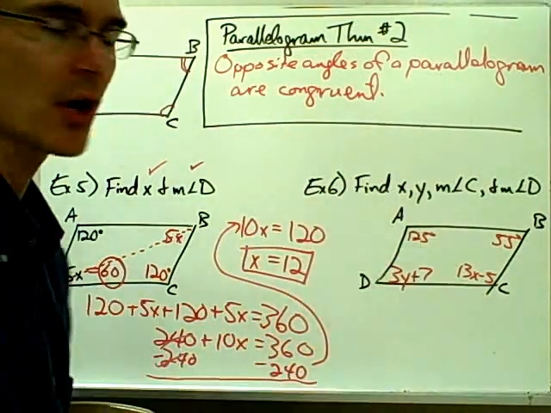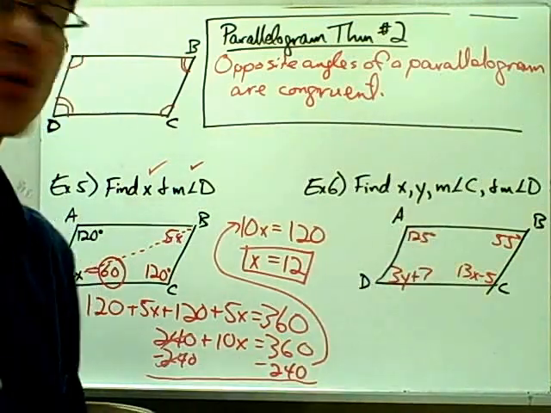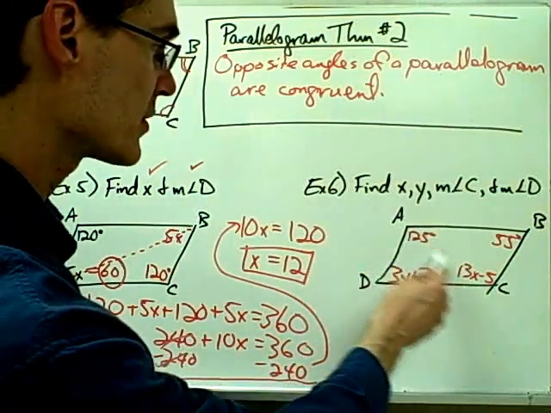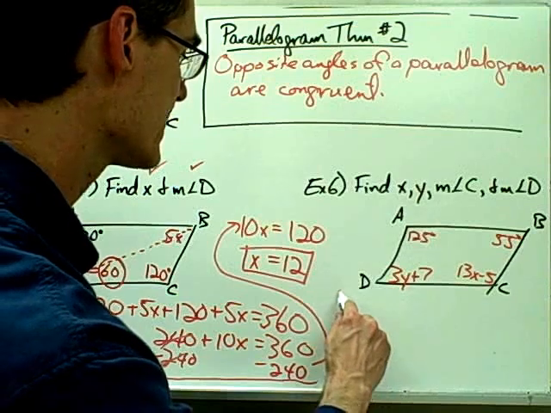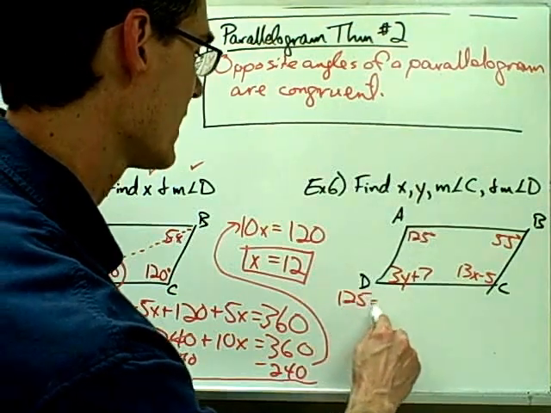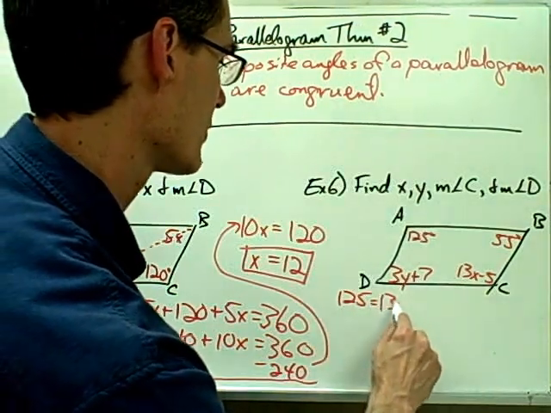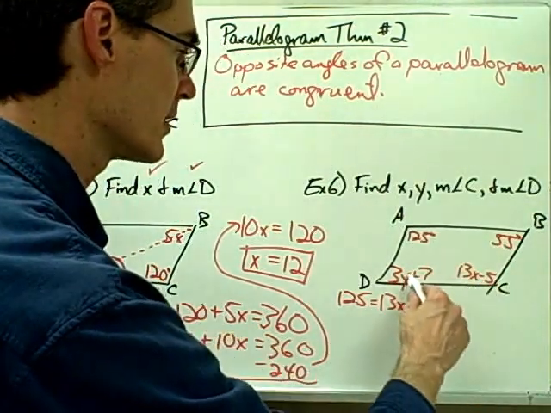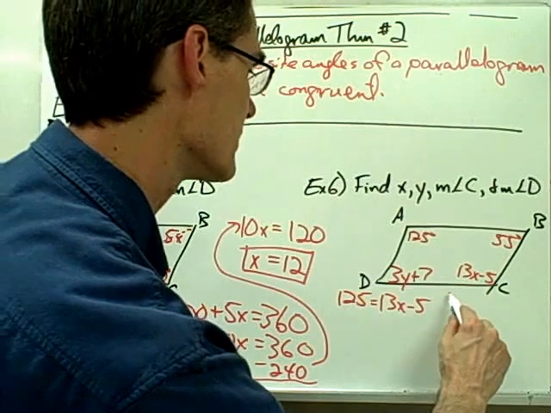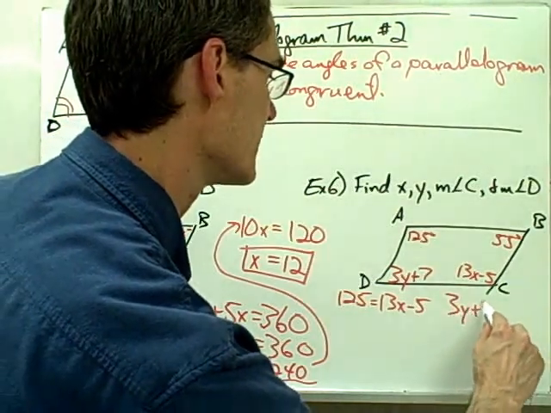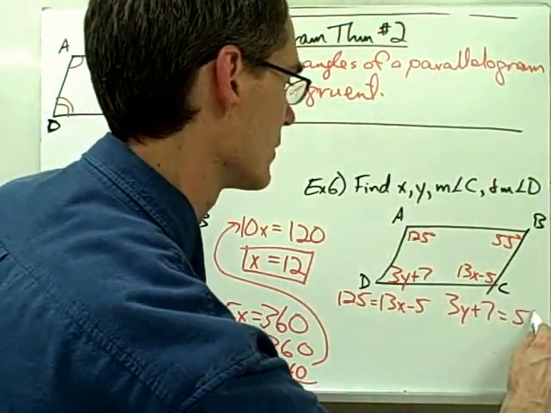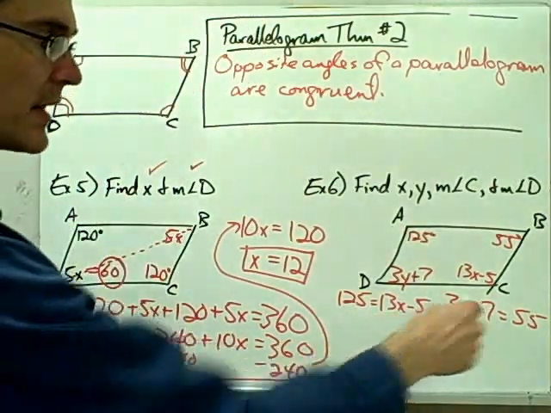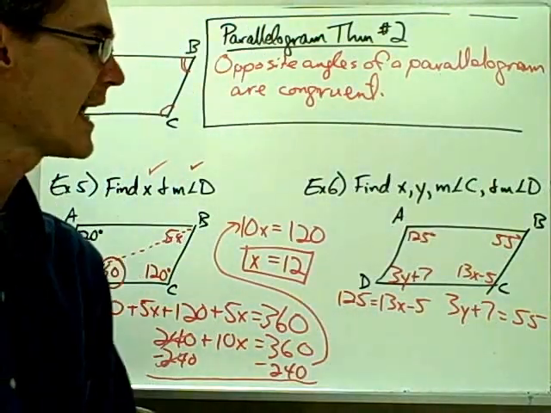Since opposite angles are congruent, I've got two different equations that I can set up. I can set up this equation here with opposite angles A and C: 125 equals 13x minus 5. And then I've got this other equation I can set up here with opposite angles B and D: 3y plus 7 equals 55. And then I can solve each one of those equations for x and y.